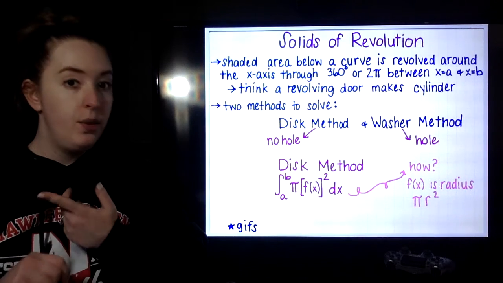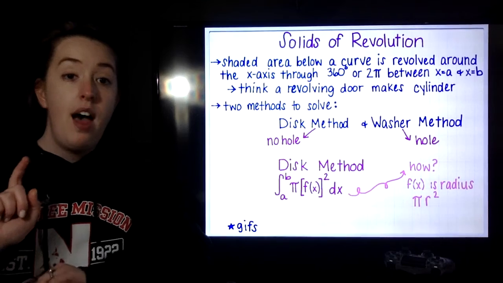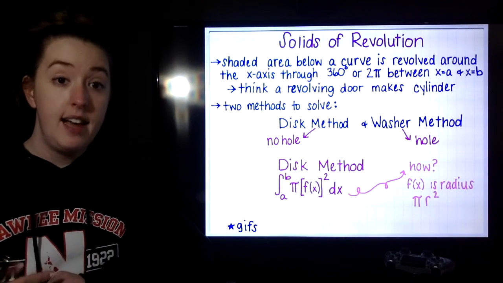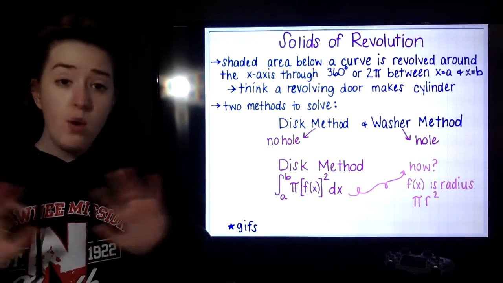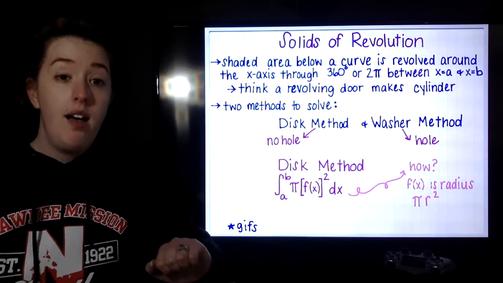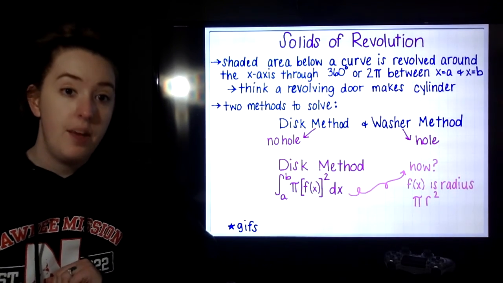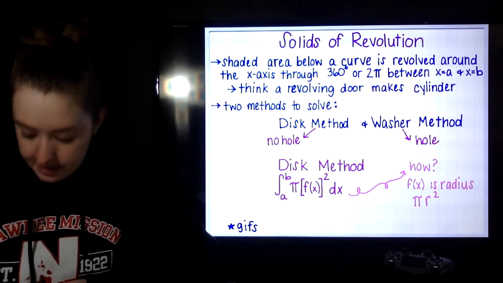We do not need to do the washer method. There's a shell method. Sometimes a function is spun around the y-axis instead of the x-axis. There's a lot of different things that could happen here. We're just not looking at those. So you could see those in a math class up ahead if you decided to keep on with some calculus.